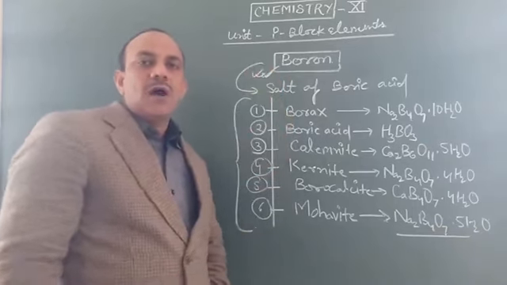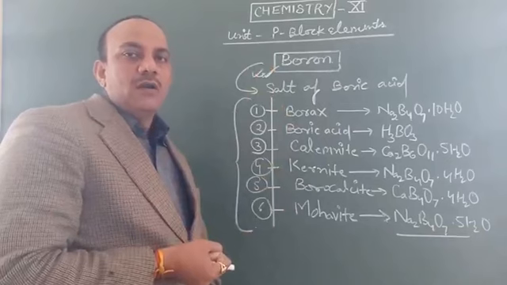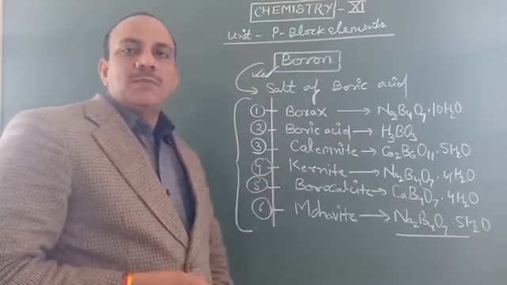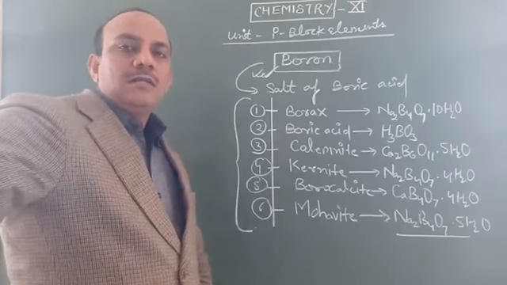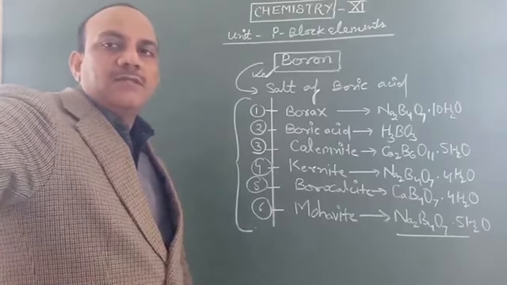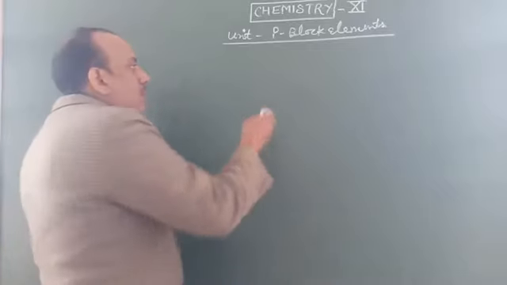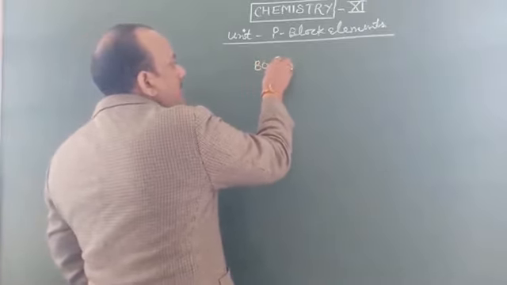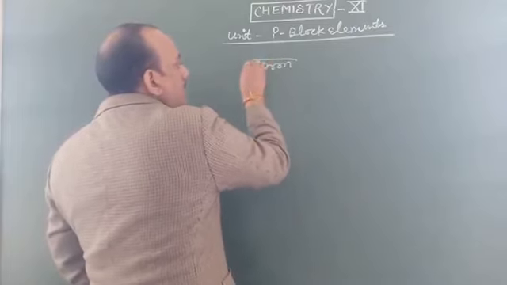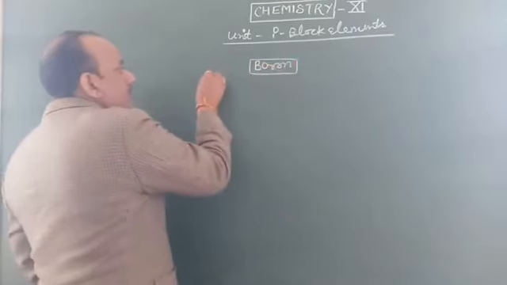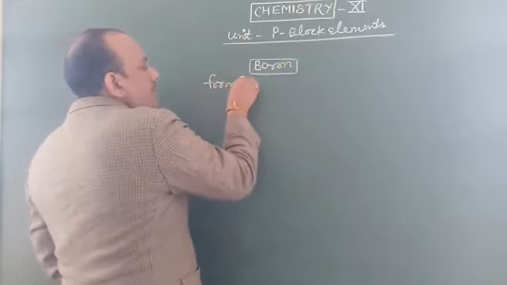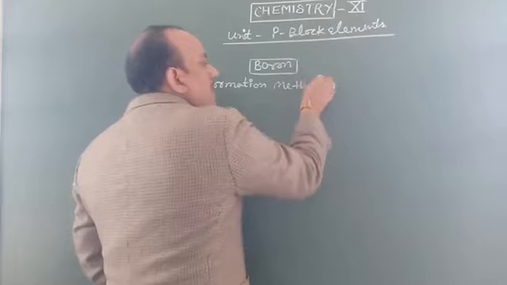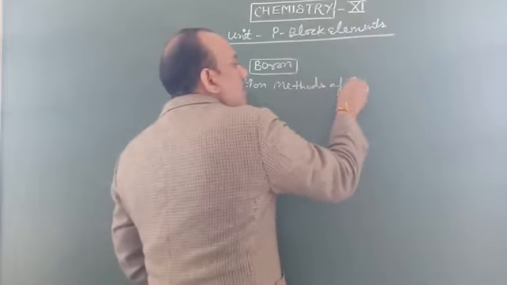Now we discuss how we can extract boron from these given sources. So we go to the preparation method of boron, then we discuss its chemical reactions. So formation methods of boron.